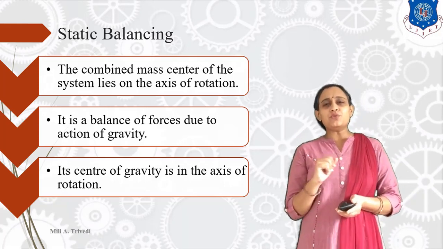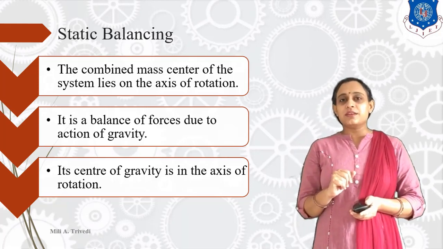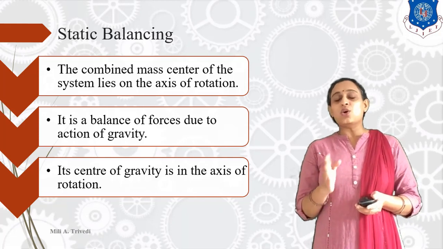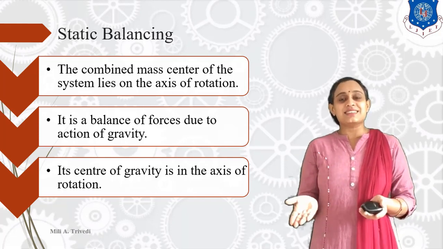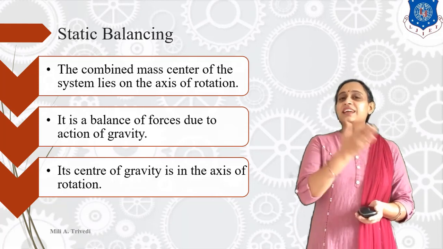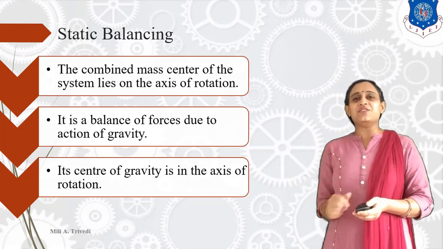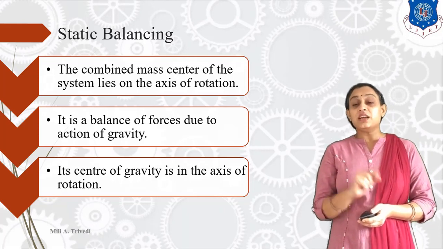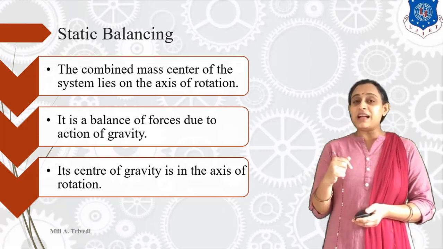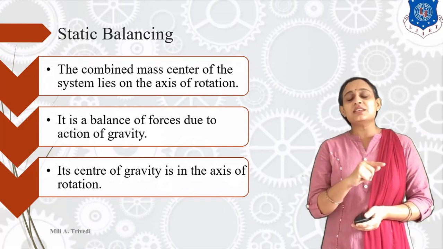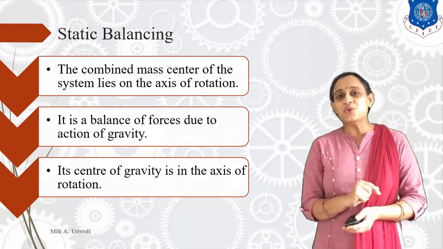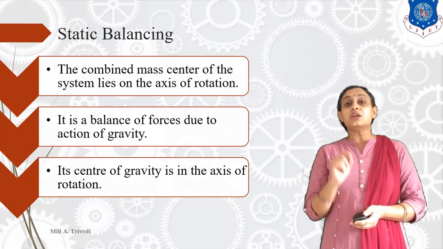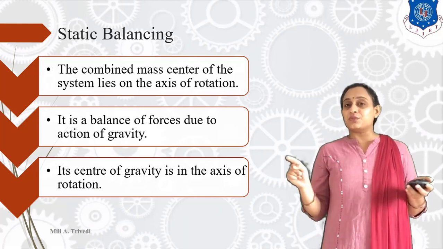Now if we need to balance it, what do we have to do? We have to reduce the radius or we have to reduce the mass. It is just applicable in our system. As you see in our chart, what is static balancing? For static balancing, the resultant force, or the effect of all the forces, should be on the axis of the shaft.